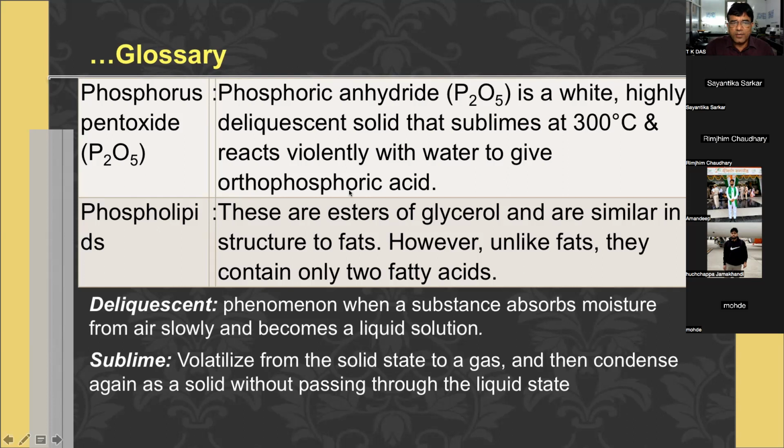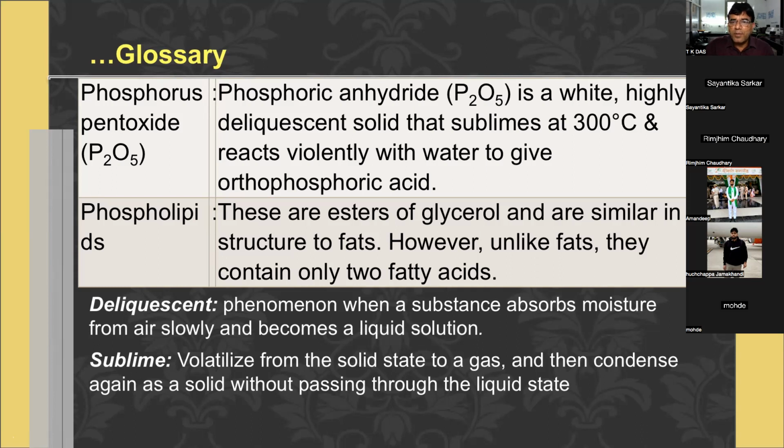So this has a property of being highly deliquescent, which means when a substance absorbs moisture, it can take up moisture from air and slowly becomes a liquid solution. It can be converted into orthophosphoric acid.